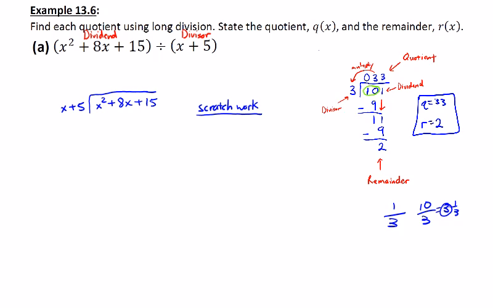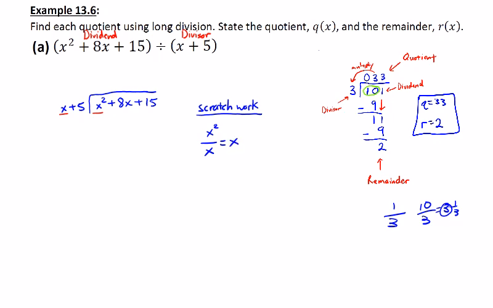So we're going to take x from the divisor, and see how many times that will divide into x squared. How many times will x divide into x squared? It becomes a matter of simplifying that division algebraically, and x squared divided by x would just be x.